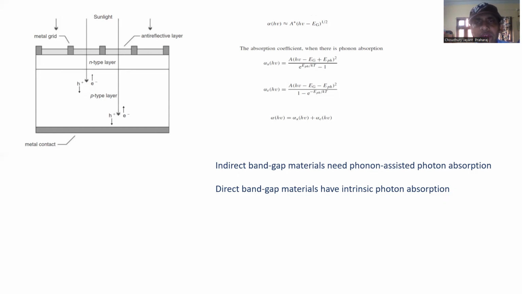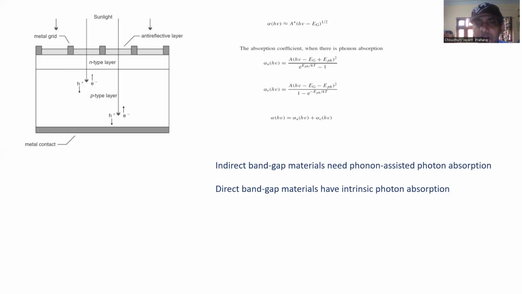And the absorption coefficient in indirect band gap materials, when there is phonon absorption or phonon emission, is basically given by the equations shown here. Those absorption coefficients in indirect band gap materials tend to be lower.